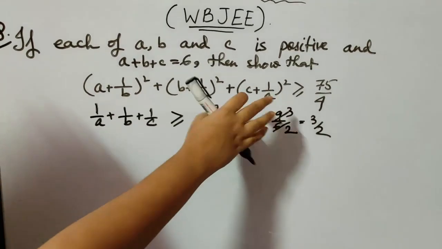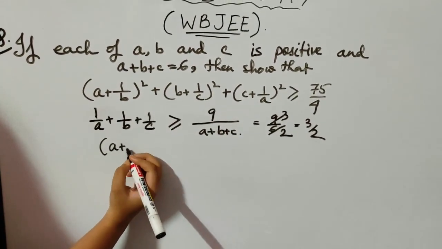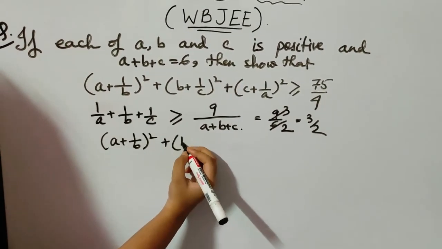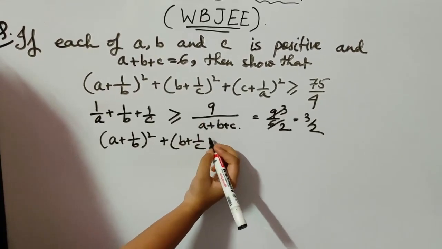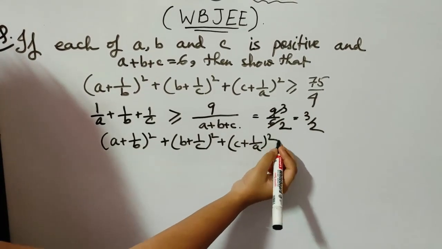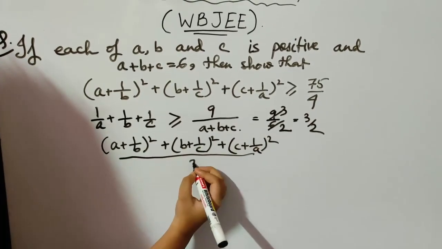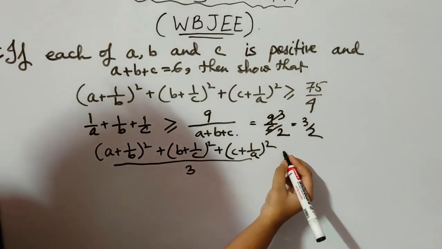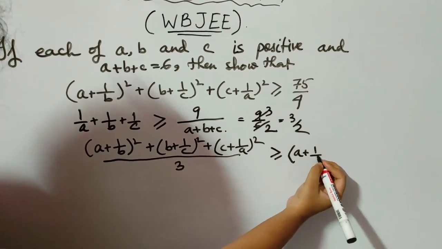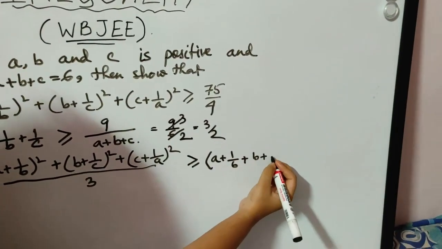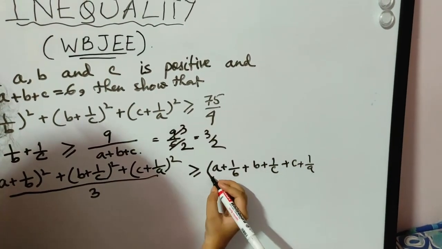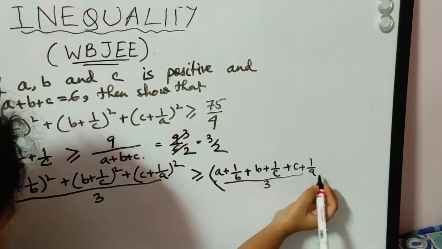Now coming to these terms. (a plus 1 by b) whole square plus (b plus 1 by c) whole square plus (c plus 1 by a) whole square, divided by 3, should be greater than or equal to ((a plus 1 by b) plus (b plus 1 by c) plus (c plus 1 by a)) by 3, whole square.